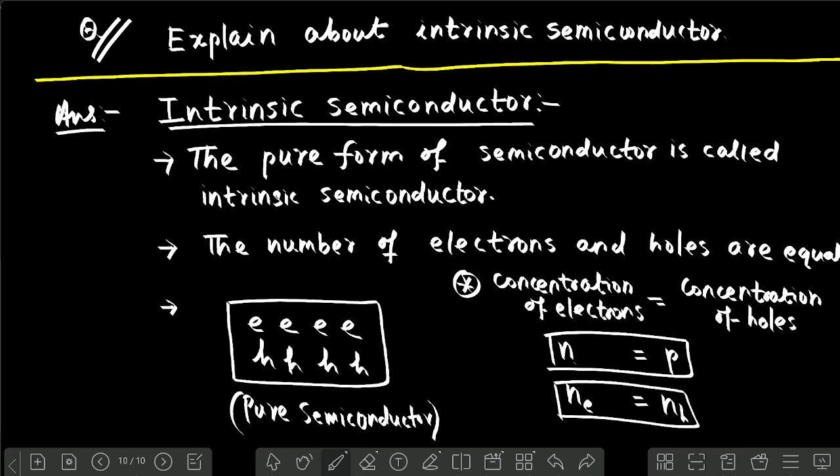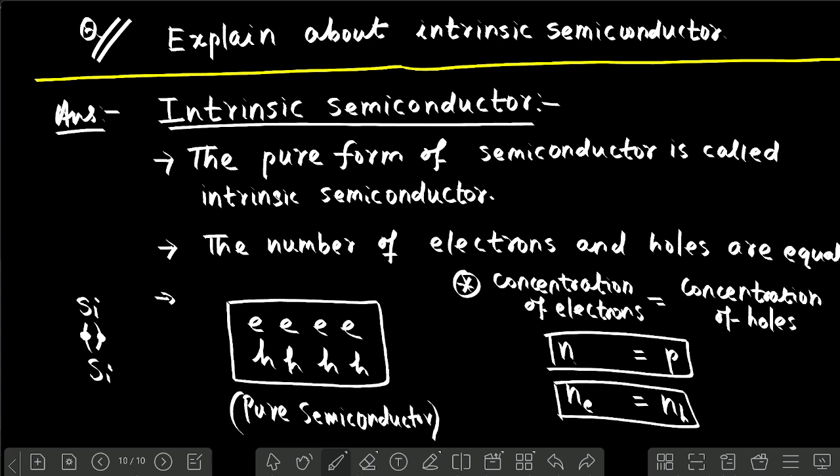Suppose you have a bond here, in silicon material. Silicon atoms are bound to each other. Now take two silicon atoms and explain. Now see here, two electrons are there. One silicon is bound to another silicon.